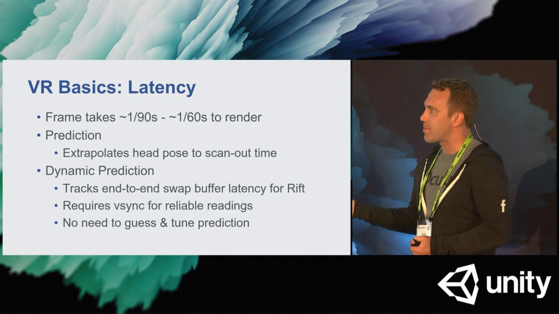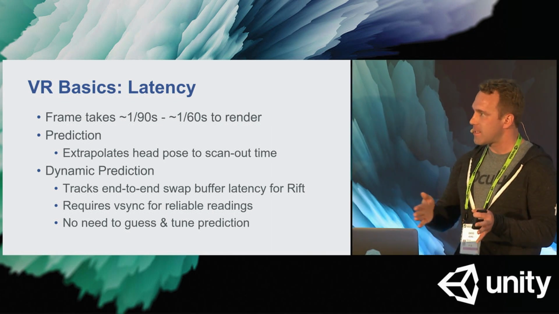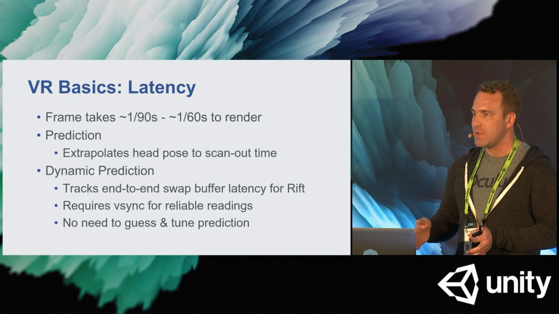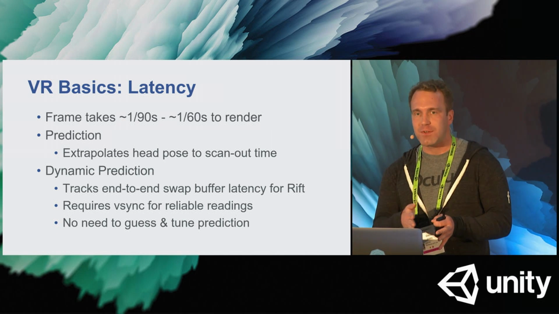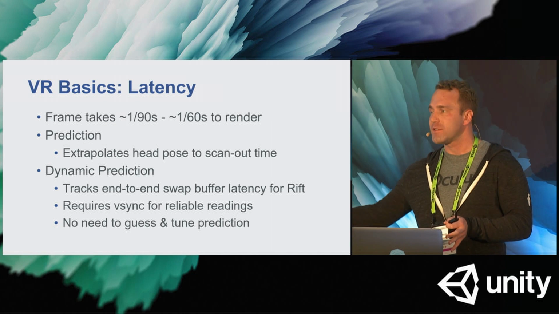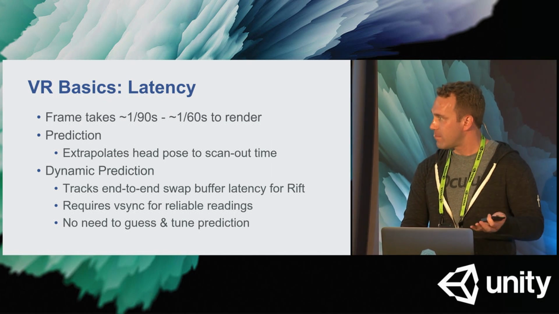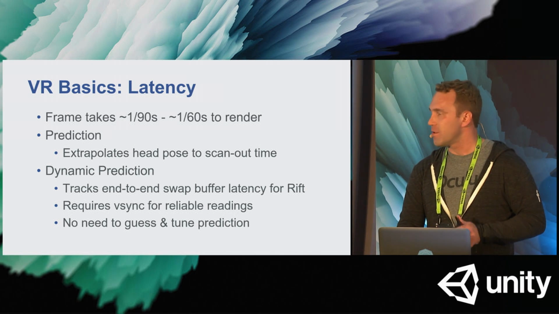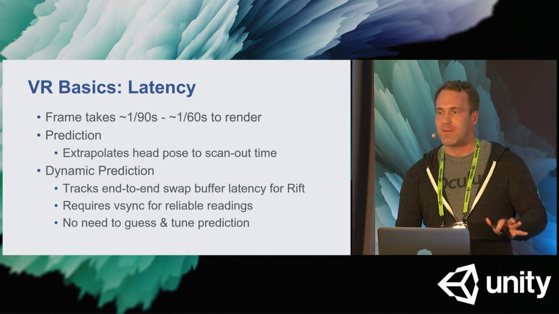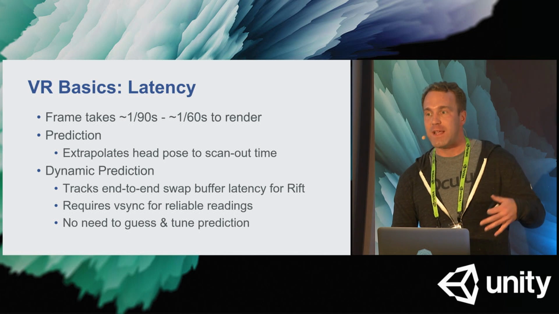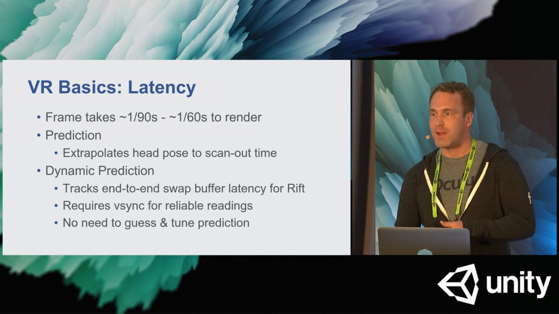So dynamic prediction is kind of a set of techniques we use in our SDK to keep track of how far out the scanout is from right now, and help Unity maximize quality and performance. So the moral of the story is you don't have to worry about that. We take care of that for you, and it's all kind of baked into the time at which your code starts running.